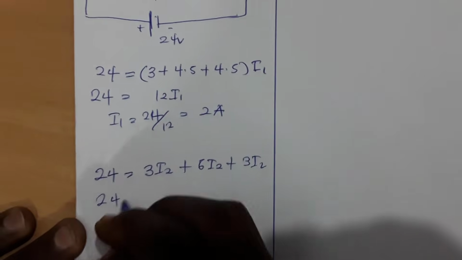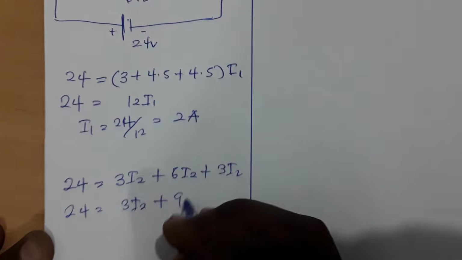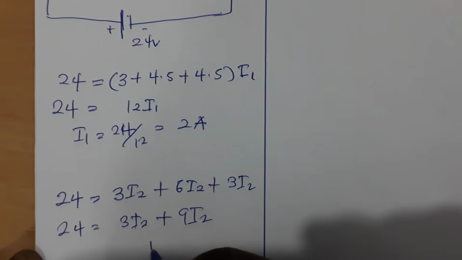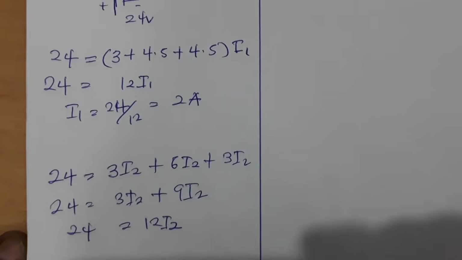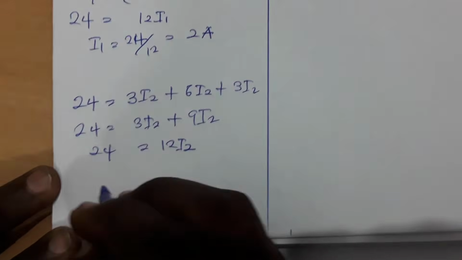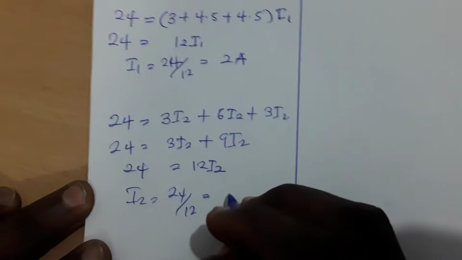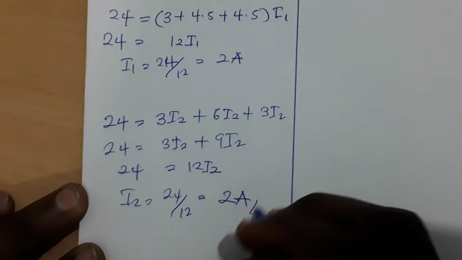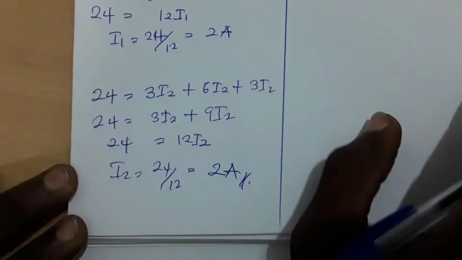So 24 should be equal to 3I2 plus 9I2, which is 12I2. So I2 should be equal to 24 out of 12 again. So we will have 2 amperes for I2, this current.